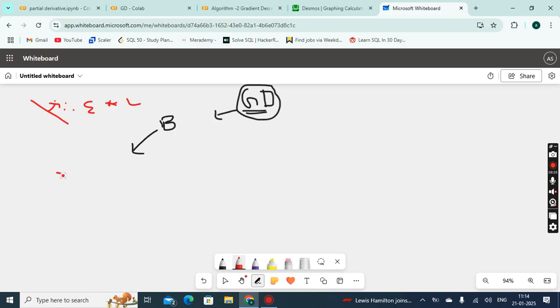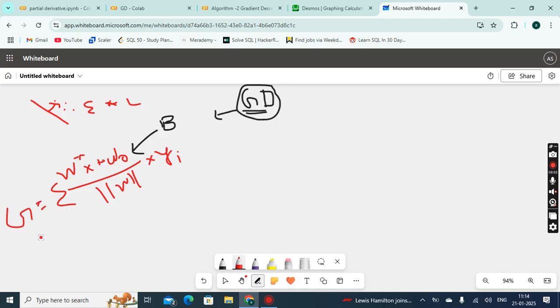So the formula was W transpose X plus W naught, divided by norm of W, into yi. We were taking this for all the points, so I give it the sum, and this function is nothing but your gain function.